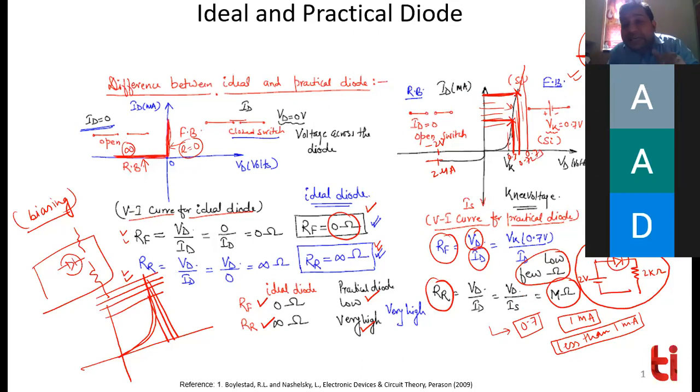So exactly how can you find at what voltage and what current it is biased? For that you require the characteristics of this diode. Unless you have the characteristics, you can never find the biasing point. Getting my point or not?